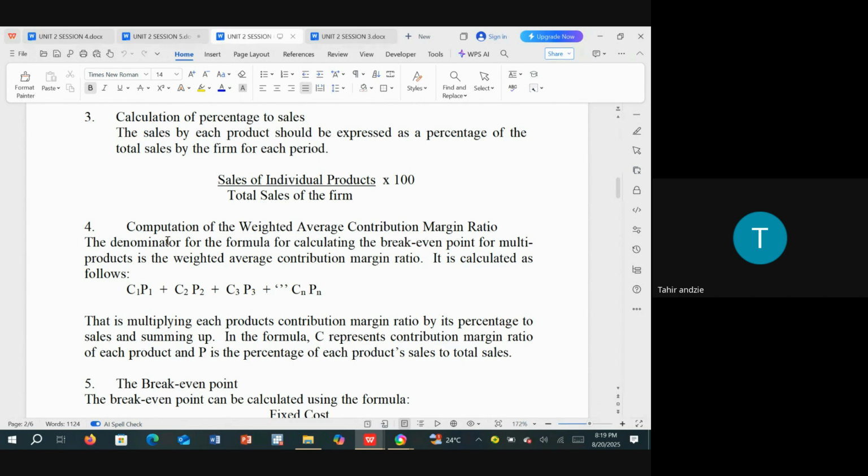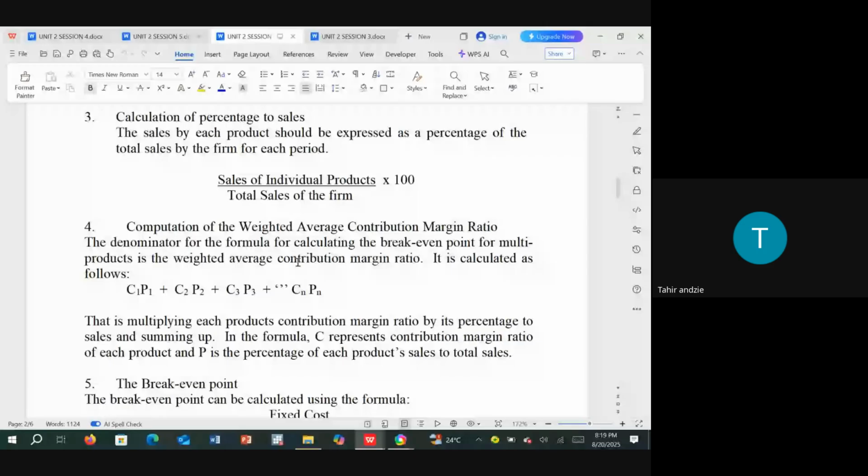And so the first three steps we go through in order to arrive at calculating this weighted average contribution margin ratio.